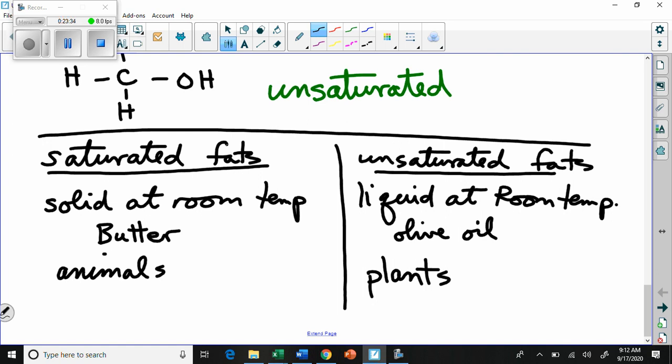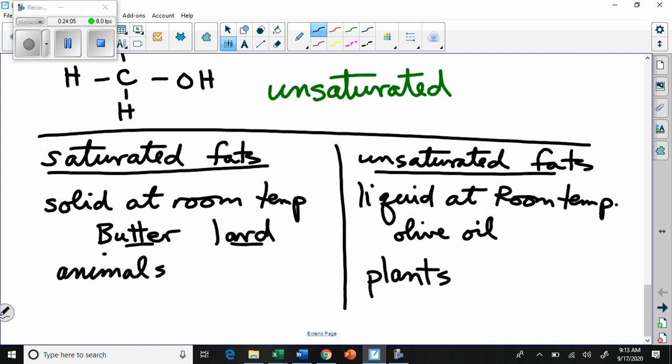Now there's a wide range. So some of the unsaturated fats produced by some plants will be at the far end of that range where they're almost like a saturated fat, like coconut oil. So it's just a range of temperatures, and we draw these arbitrary lines to say, oh, look, these are the unsaturated fats, these are the oils, these are the butters or the fats, the solids, whatever. Lard is another example of a saturated fat that's more of a solid, right?